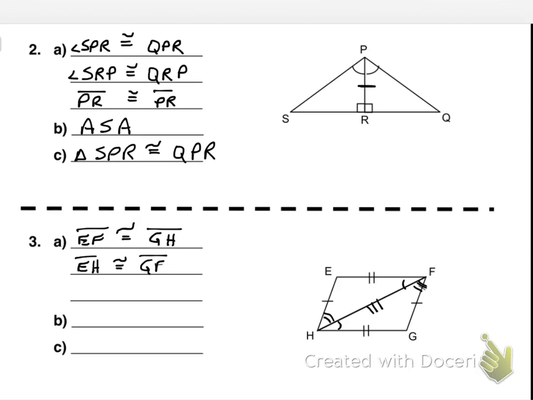And HF is congruent to FH. So now we have three sides that are equal in length, so that's side, side, side congruency. So triangle EHF is congruent to triangle GFH.